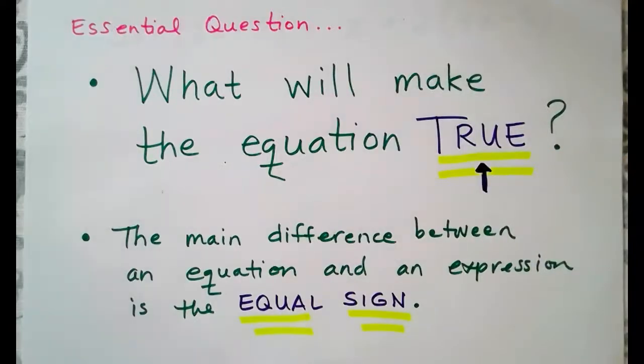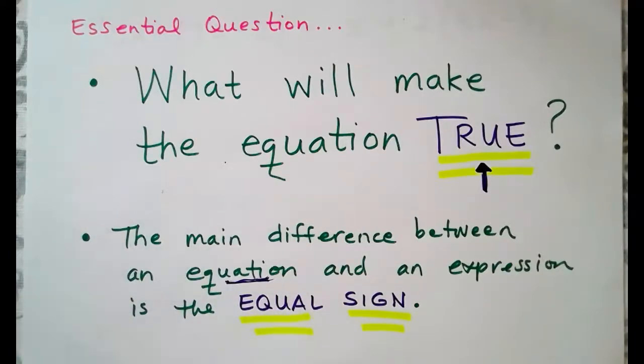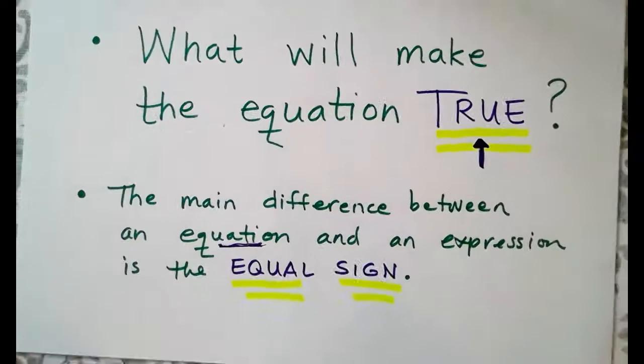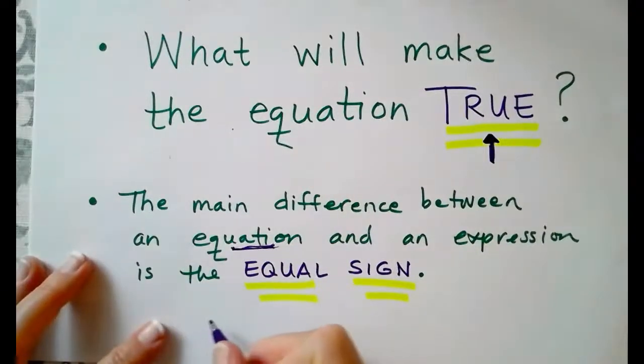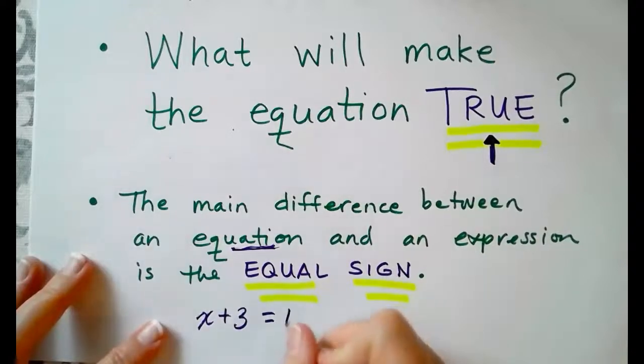have a true statement. Now, the main difference between an equation and an expression is simply an equation has an equal sign. An equation is a full sentence with a verb. An expression normally does not. So a difference could be an equation is x plus 3 is 10.